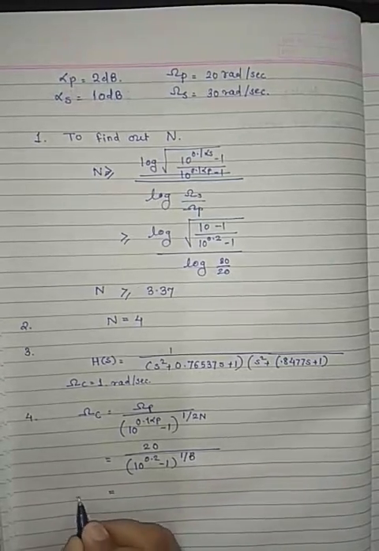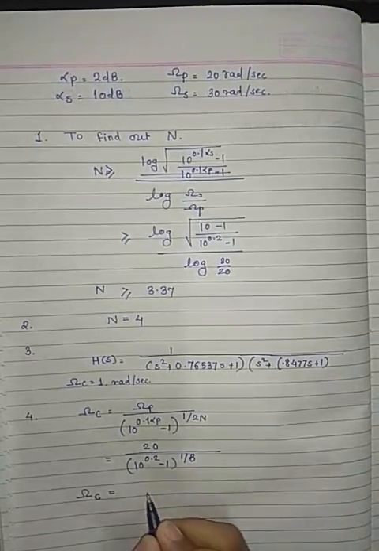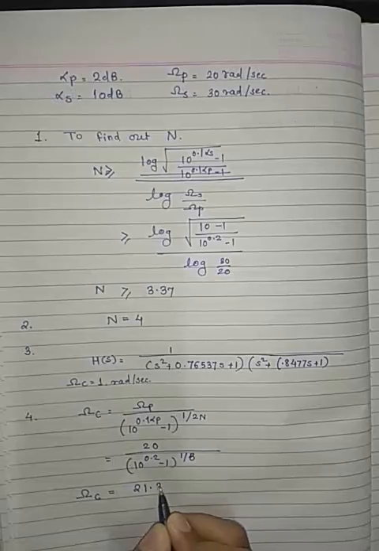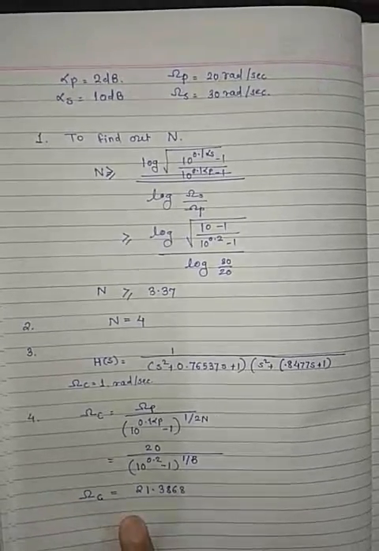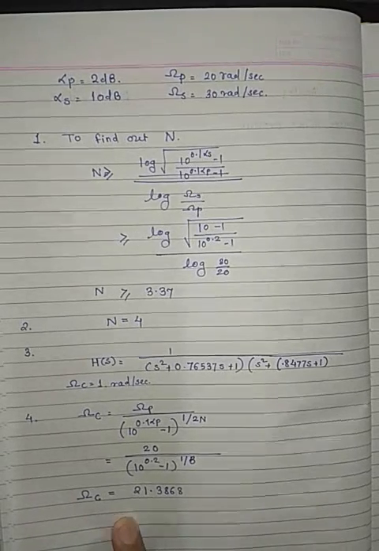Solving this, we have Ohm C equal to 21.3868. So this is our actual cutoff frequency.